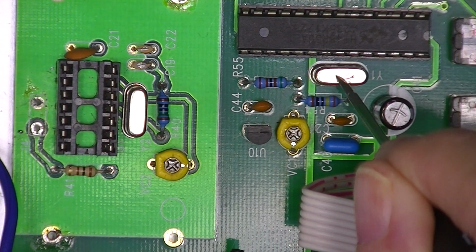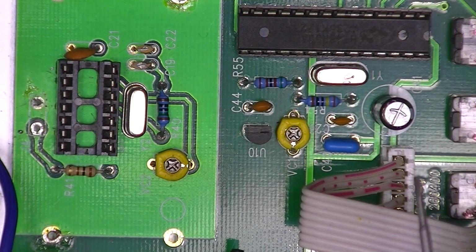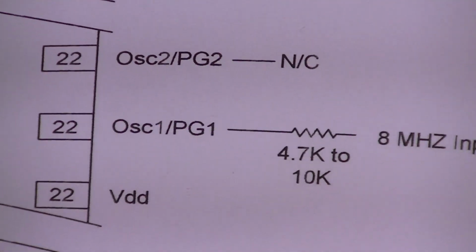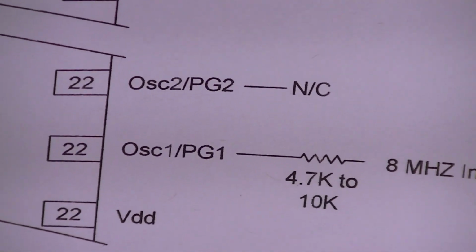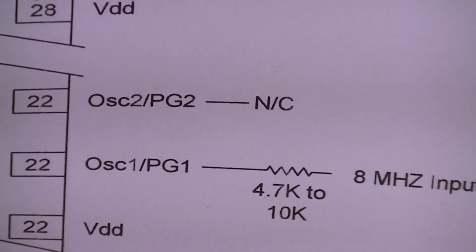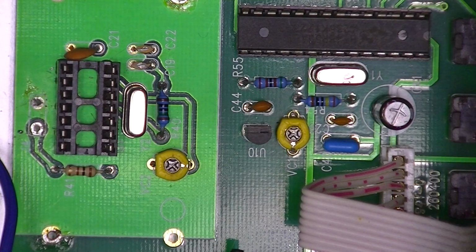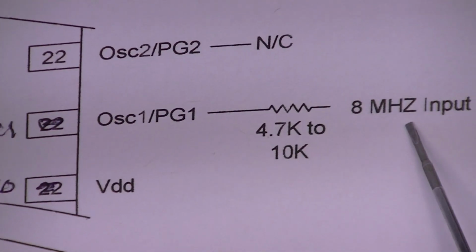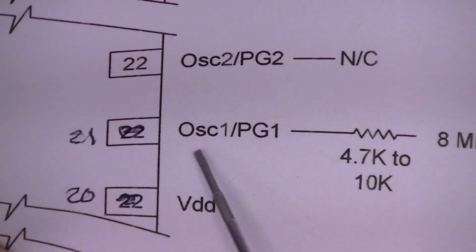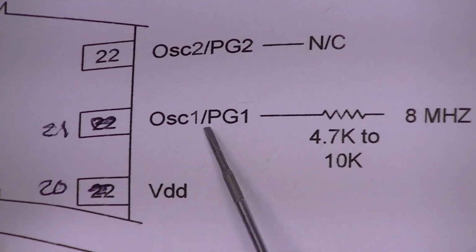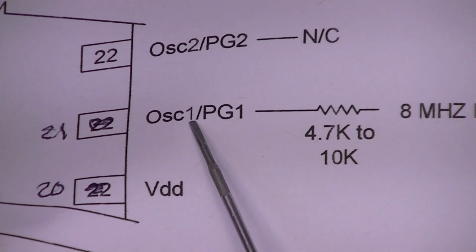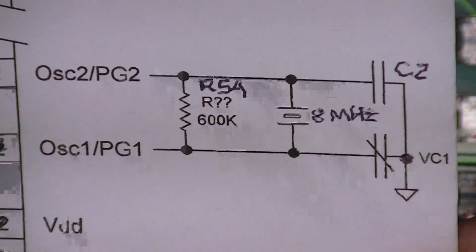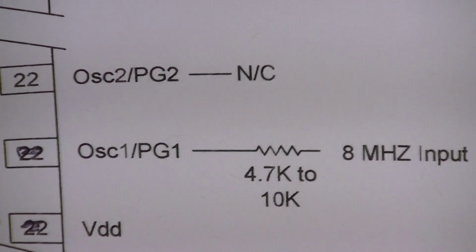And Constantine suggests I replace the crystal with, I need to relabel these as part of making a mistake, and sending some sort of an 8 megahertz input through a safety resistor into pin 21, or oscillator 1. Remove these components and replace them with this sort of a thing.